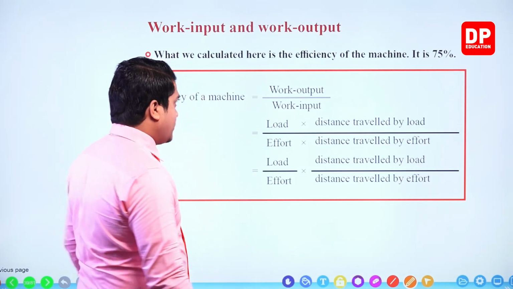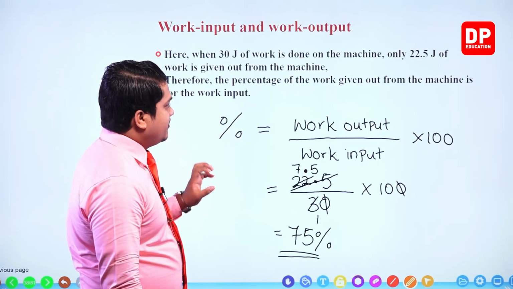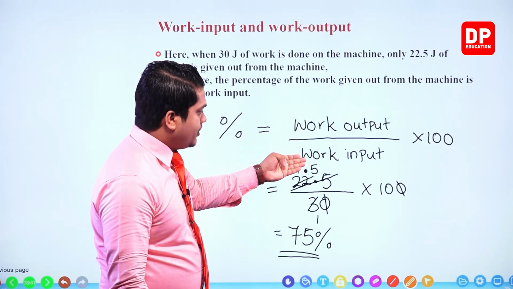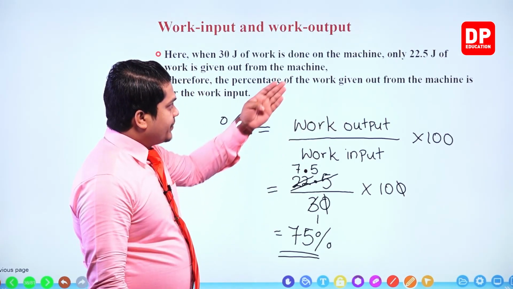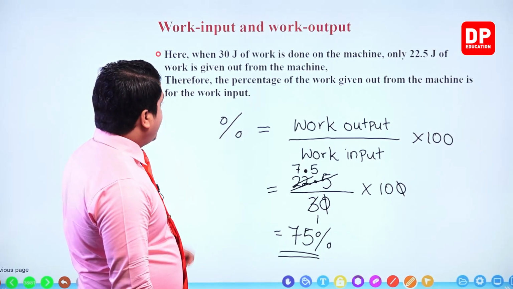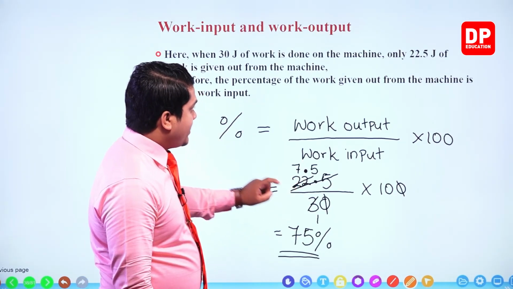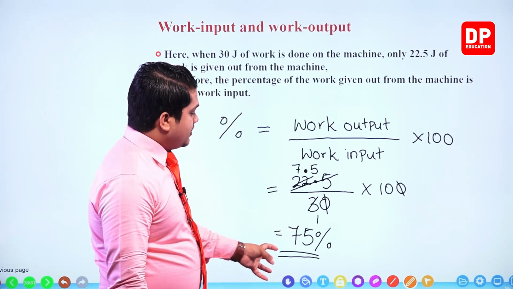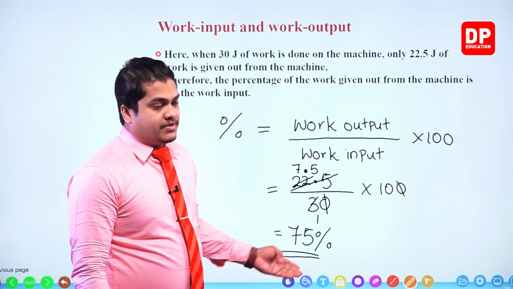Even I did that calculation over here. The efficiency is equal to work output over work input, multiplied by 100. So 22.5 joules is the work output, the input work is 30 joules, then divide and multiply by 100, 75%.